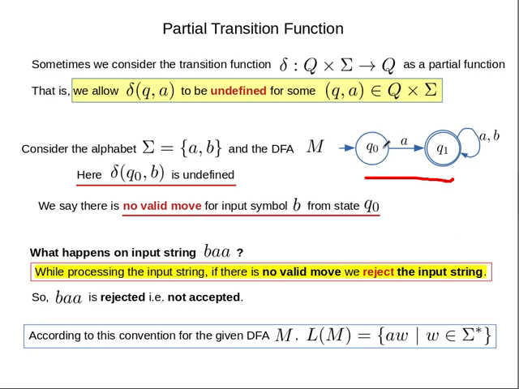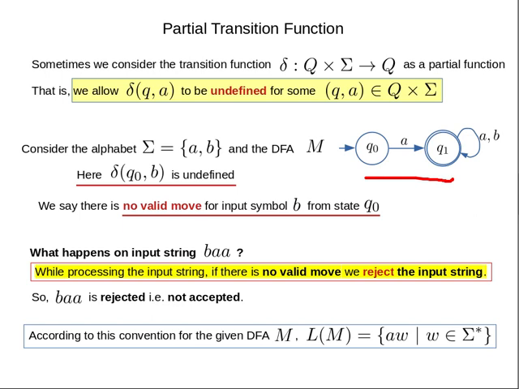Now here from Q0 on symbol A, you have a transition. But if you are in Q0 and you try to process input symbol B, then there is no transition available. So your machine will get stuck, and the input string, whatever is left of it, will be rejected.